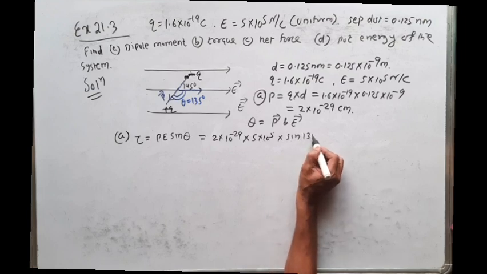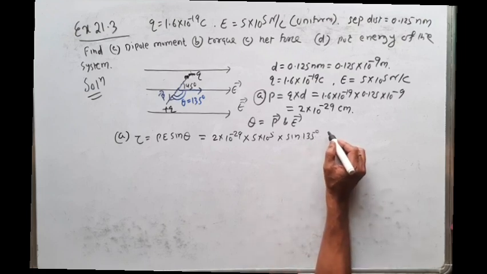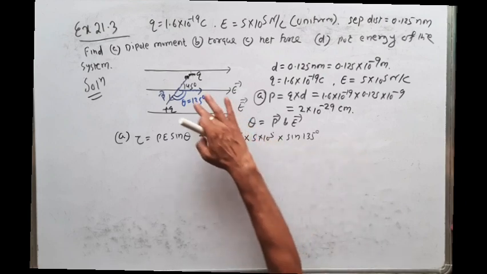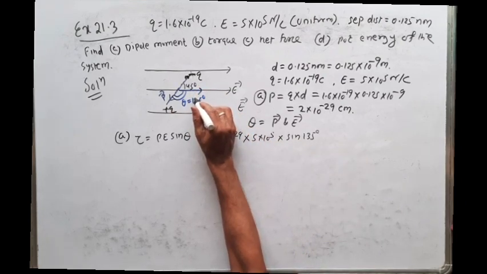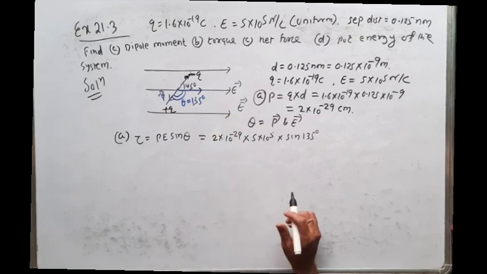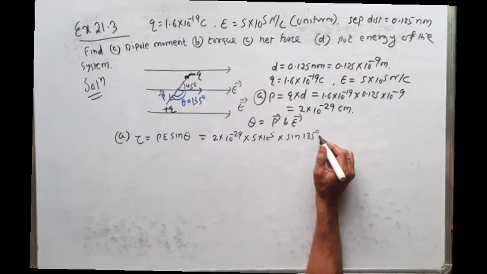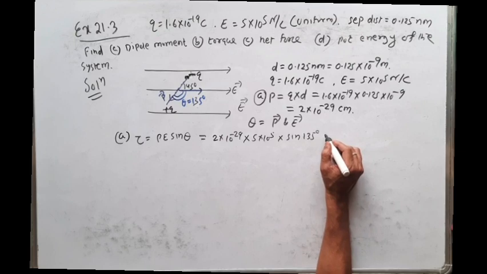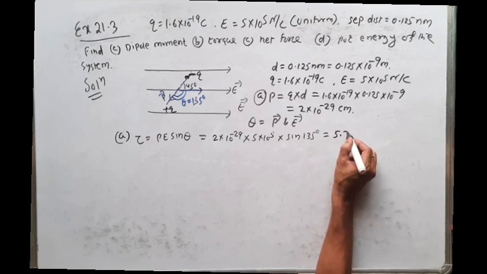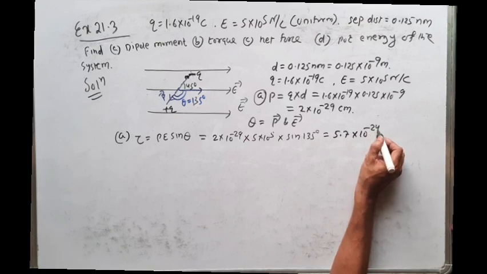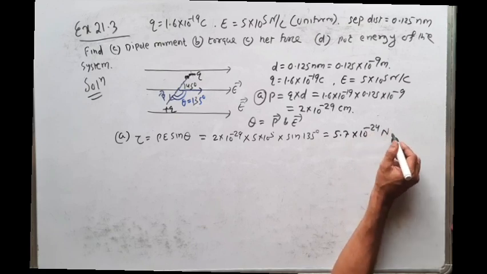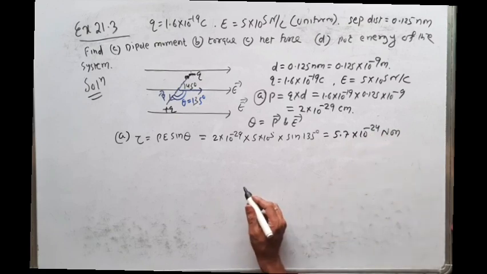Theta is equal to 135 degree. Okay, 135 plus 45, 180, fine. So 135. So if you calculate, I think it will come 5.7 × 10 to the minus 24. Torque unit is force into distance, that is Newton into meter.